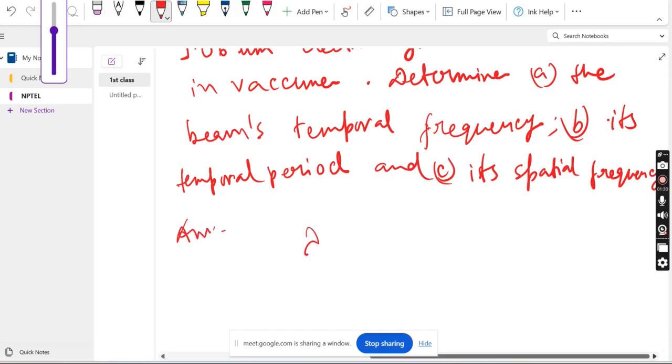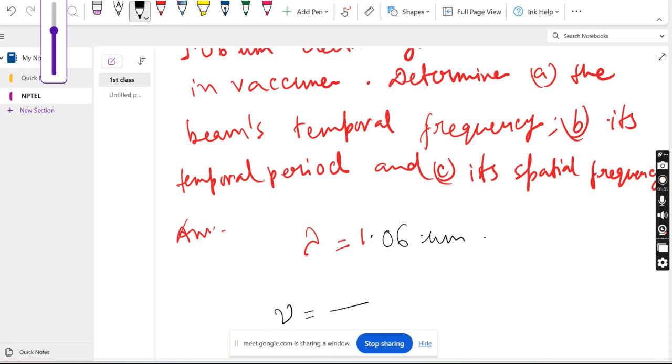So lambda is given as 1.06 micrometer. For the temporal frequency, which is the speed of light divided by lambda, we have 3 into 10 to the power 8 divided by 1.06 into 10 to the power minus 6.